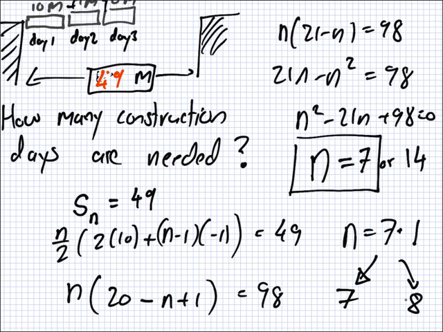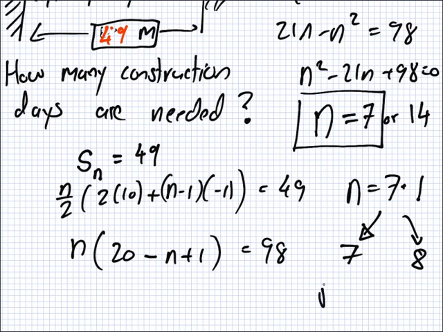Yeah, if you said 7, then you'd be leaving the bridge a little short. You would need one extra construction day, even though you don't need to use the whole day. Half day, yeah. So, for these questions here, you usually round up if you have to round.